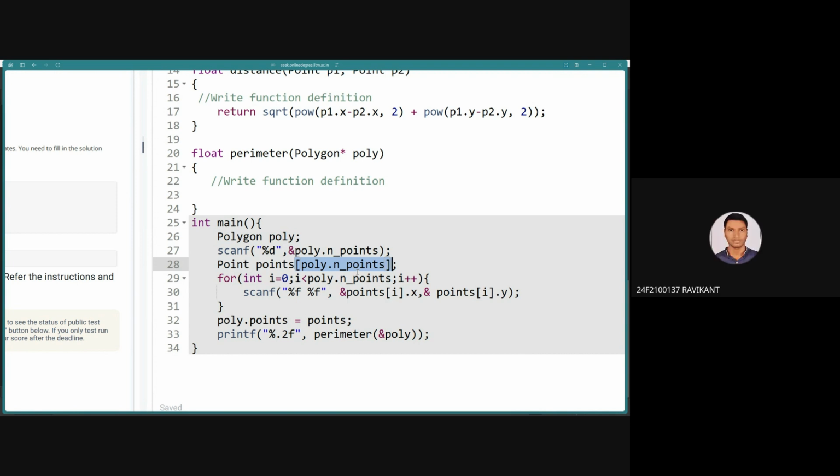After that, we have a for loop going from 0 to endpoints as usual, and we are scanning two numbers and putting those in points i dot x and points i dot y.